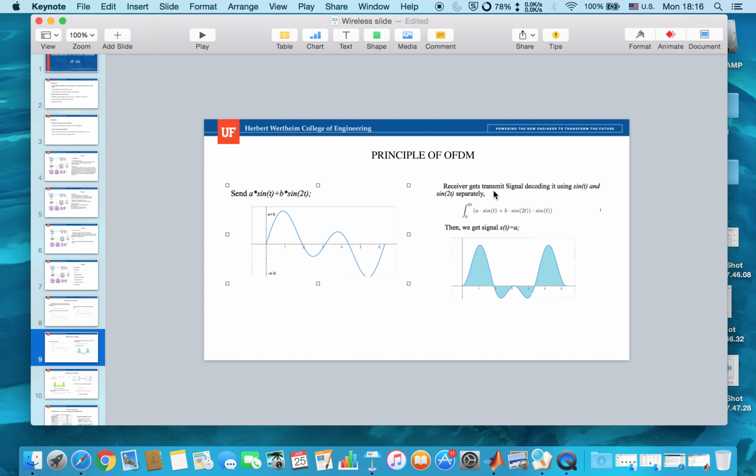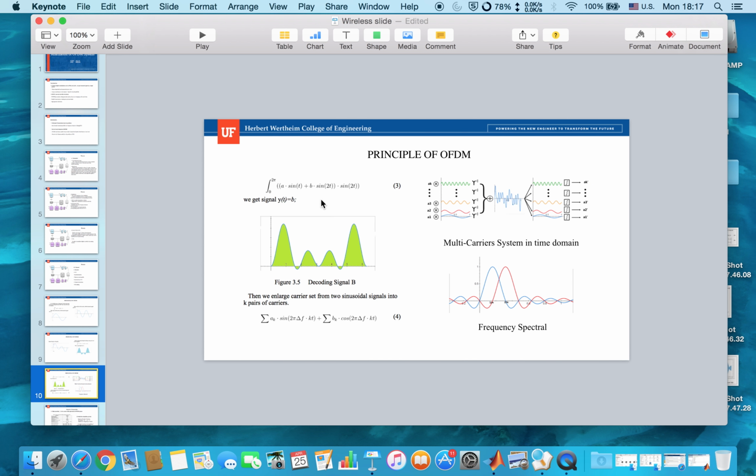The receiver gets the transmitted signal and decodes it using sine of t and sine of 2t separately. So with this equation, we get the signal x of t equal to a, and with the other equation, we can demodulate and decode the signal y of t equal to b.